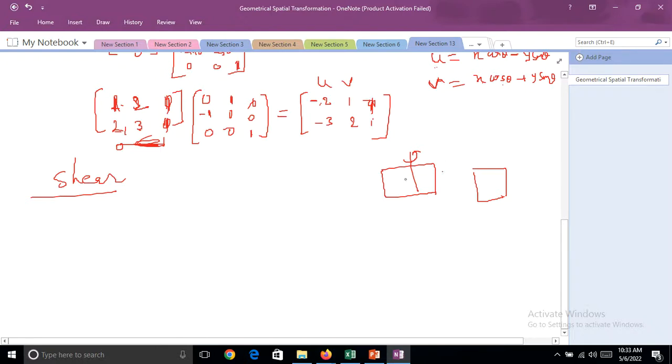Or sometimes we want to rotate around the horizontal coordinate also. In that case the length will be the same but the height will reduce.